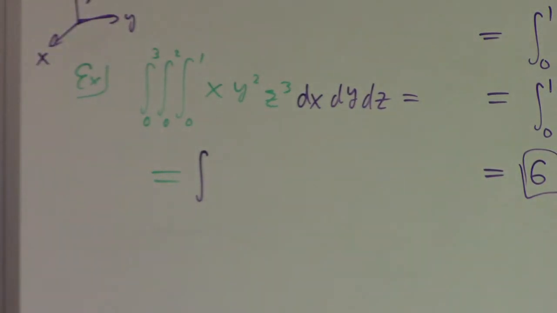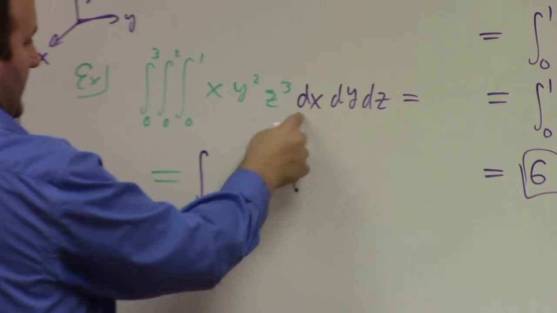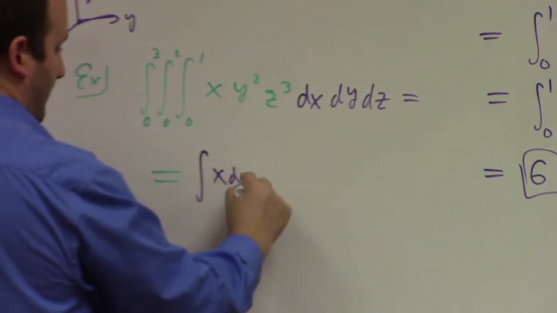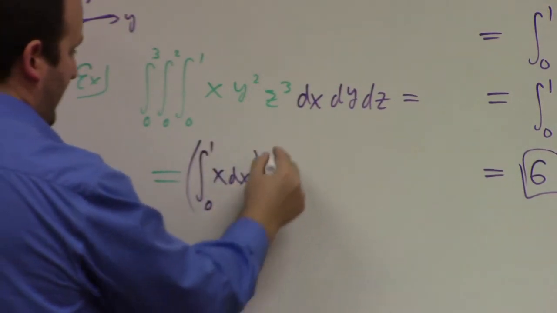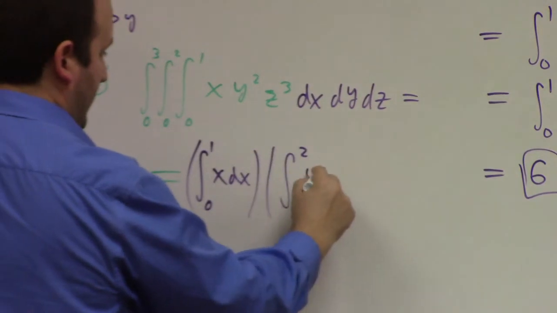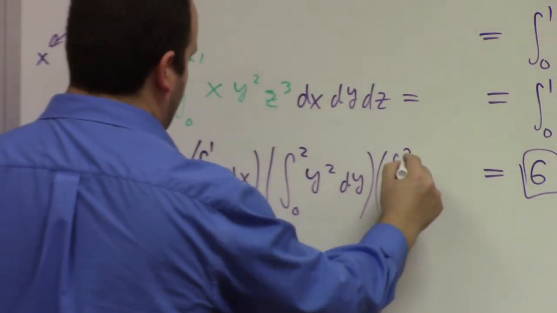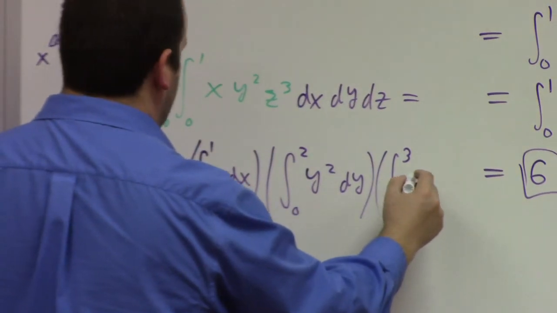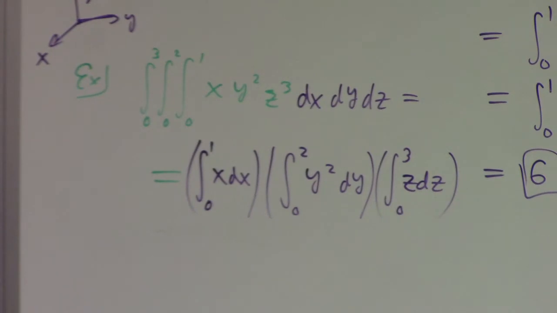As another example, if I had the integral from 0 to 1, 0 to 2, 0 to 3 of x, y squared, z cubed dx dy dz, that integral can be calculated in a very simple way. It is the integral from 0 to 1 of x dx, multiplied by the integral from 0 to 2 of y squared dy, times the integral from 0 to 3 of z cubed dz.